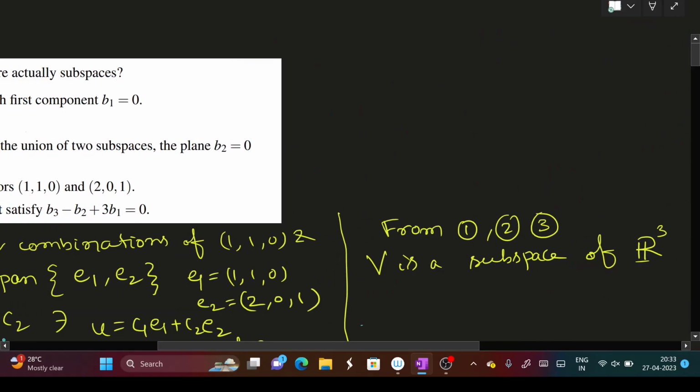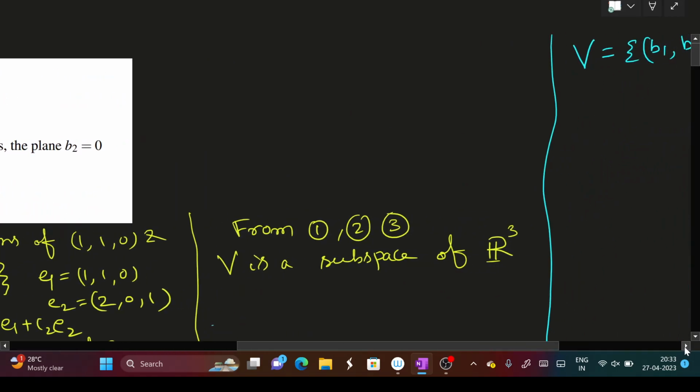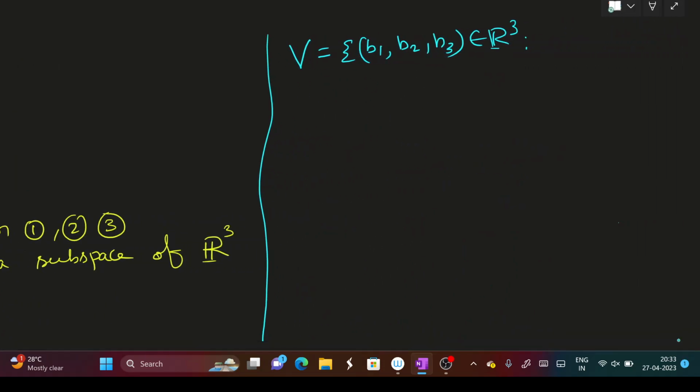B3 minus B2 plus 3B1 is equal to 0, and B3 minus 2B2 plus B1 is equal to 0.